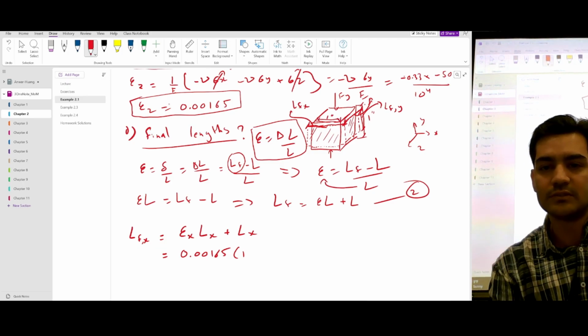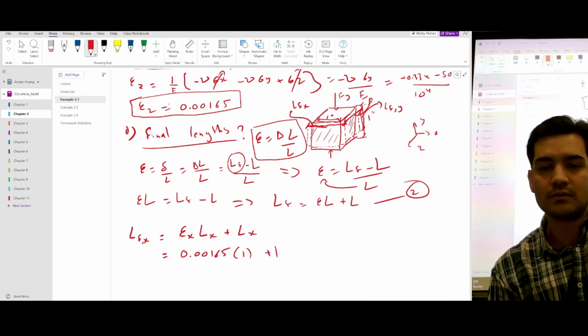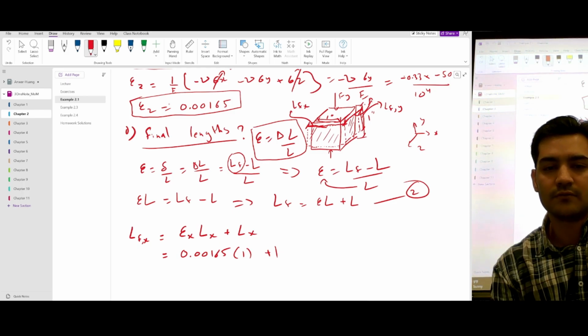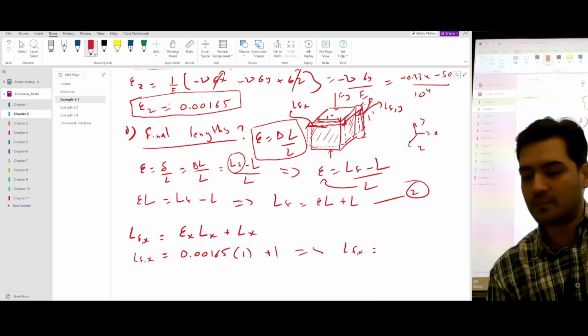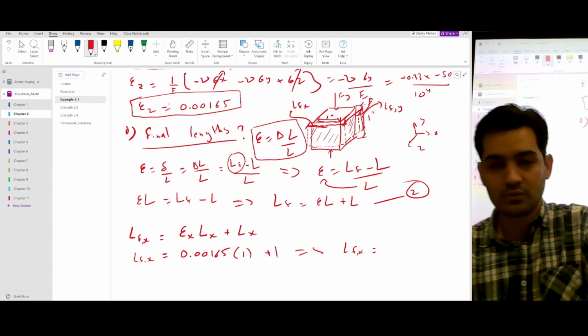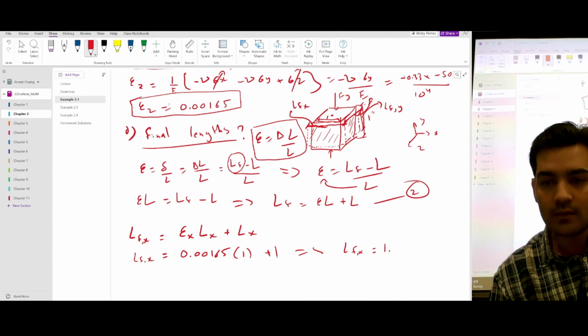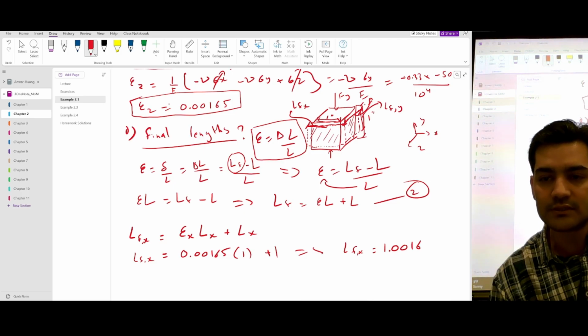So this is 0.00165 times 1 inch plus 1. So the final length along x direction would be equal to 1.00165.